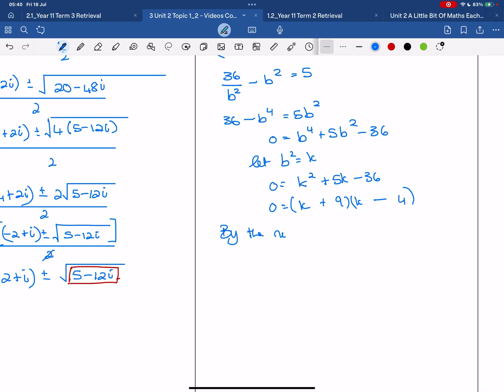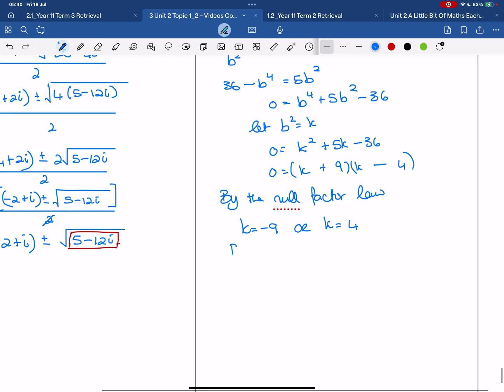So by the null factor law, K is equal to -9, or K is equal to 4. Okay. But B squared equals K, so we've got that B squared is equal to -9, or B squared is equal to 4.